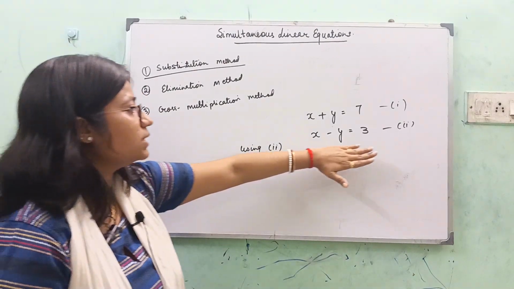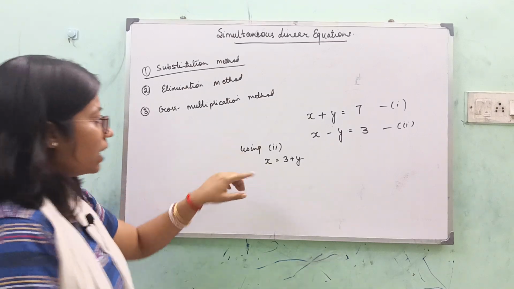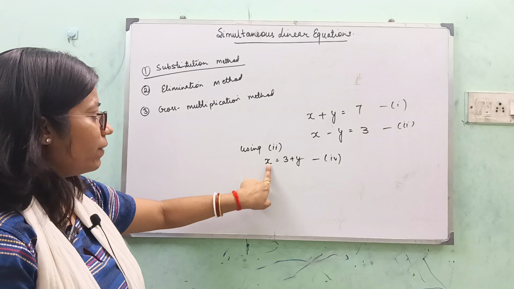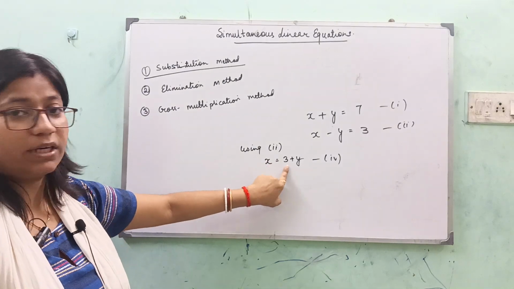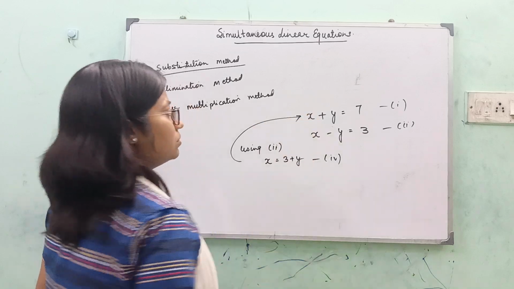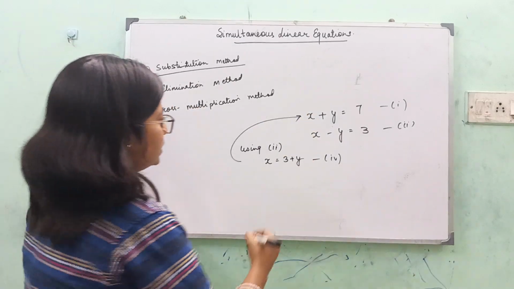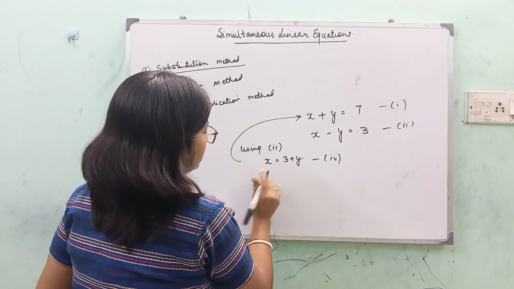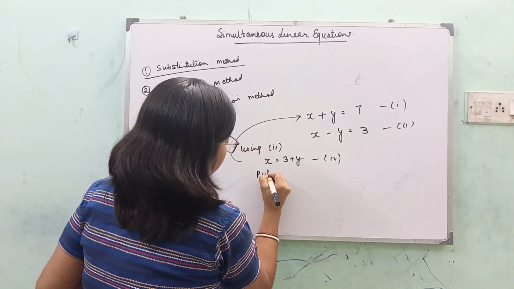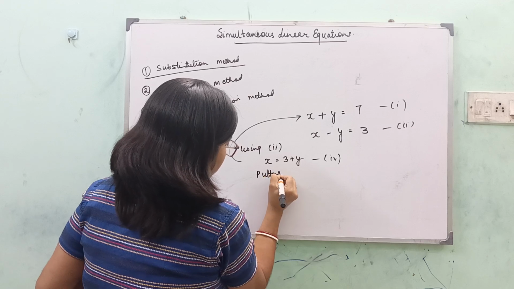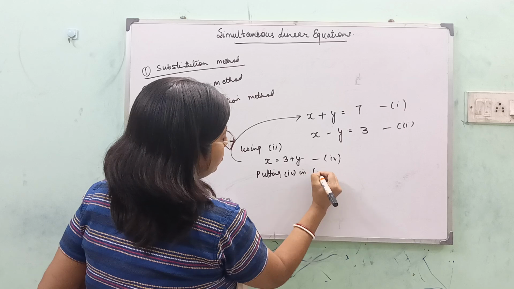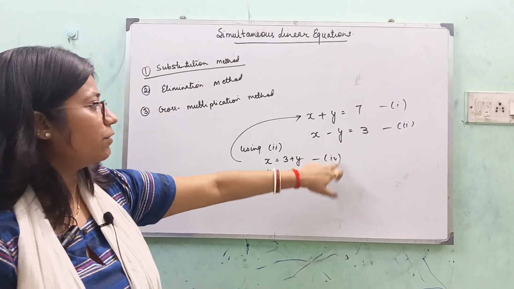Alright, now using the second one, I have done this. Now let us name this as 4. Now this value of x that I have got in terms of y, I will place in the first equation. That is, putting 4 in 1.